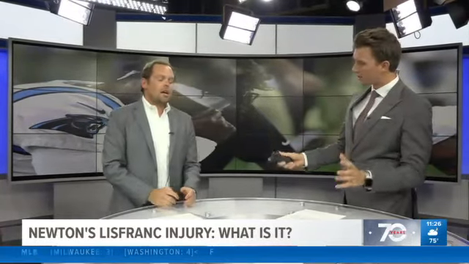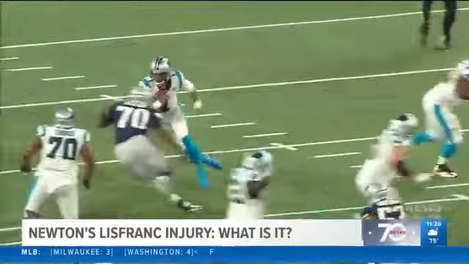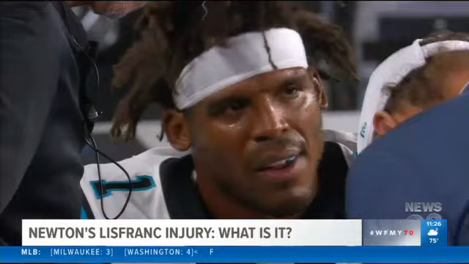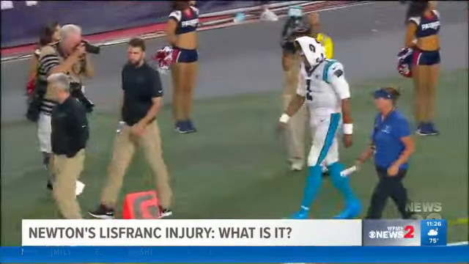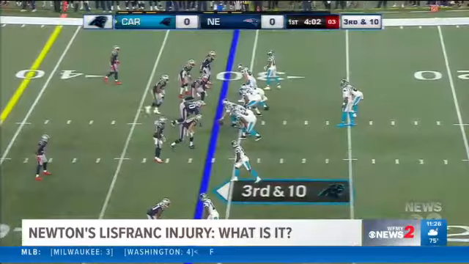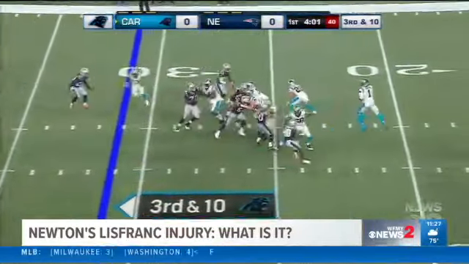Definitely. Now, I know all these cases are different. The Panthers don't have a timetable for Cam's return. But how long do you think it takes to recover from an injury like this? And is surgery always needed or just sometimes? Surgery's not always needed, but the important thing we've learned through Cam is not to play through an injury. It's really important that we get an x-ray in a timely fashion to see what's going on, make sure the bones haven't been disrupted, and also get a CT scan or an MRI to really look at it.